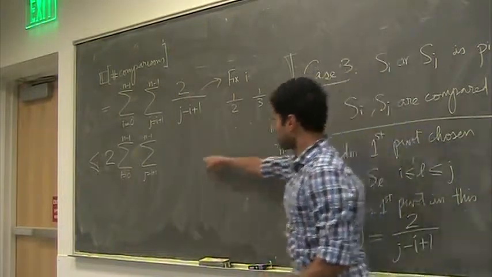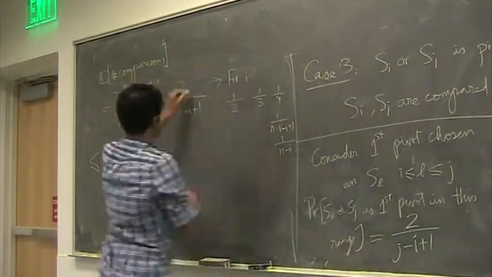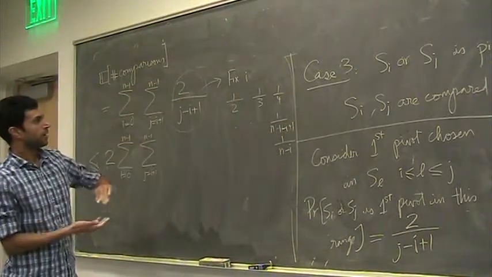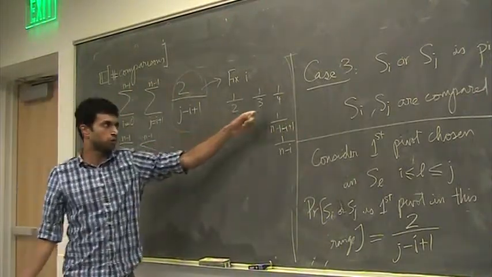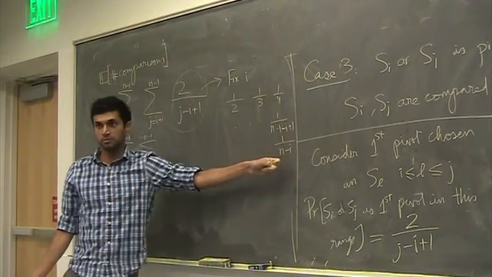Another way of thinking of this sum over here, ignoring the 2, it basically goes from 1 over 2, 1 over 3, 1 over 4, up to 1 over n minus i.